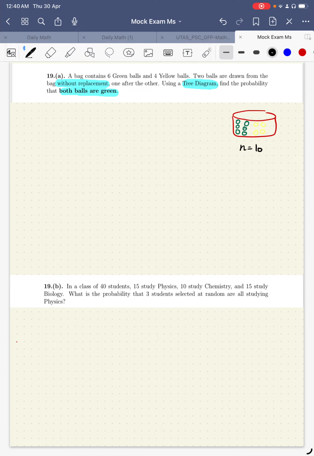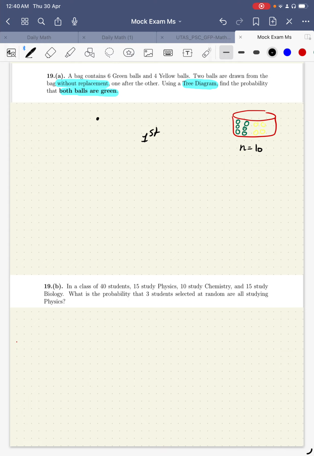So how am I going to construct, or sketch, the tree diagram? First, let's think about the scenario. How many actions do I have? I'm going to have 2 actions: the first draw and the second draw. When I take the first draw, or when I take one ball from the bag, what are the possibilities that I'm going to have?